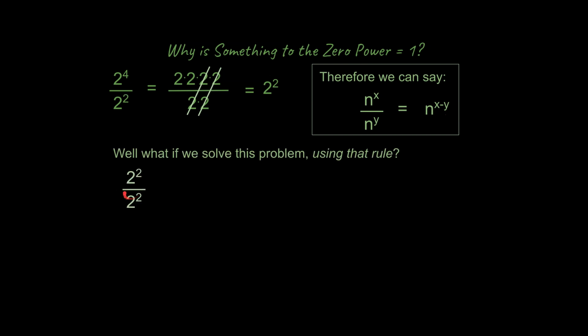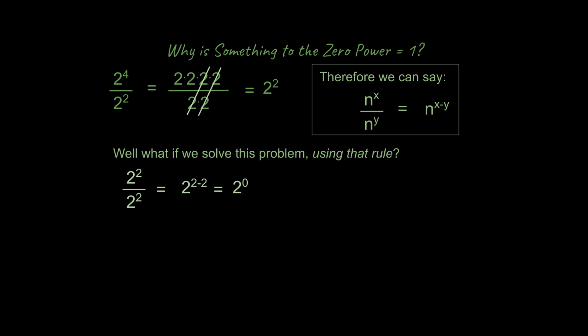Okay, well, what if we solve this problem right here using that rule? Okay, well, this is a little more interesting if you think about it. What's going to happen is you're going to end up with 2 to the 2 minus 2 power. Well, 2 minus 2 is just 0. So this is going to be 2 to the 0. You might think, okay, that's a bit odd, but let's continue to think about this because we can recognize something with this fraction here, right?